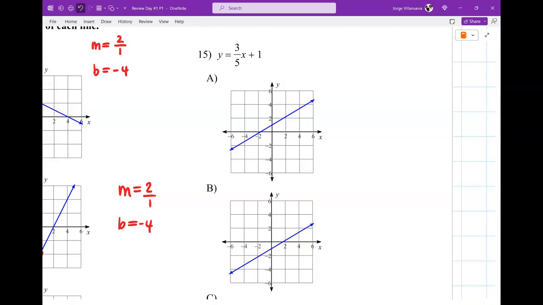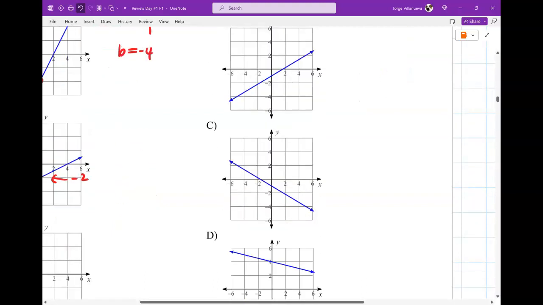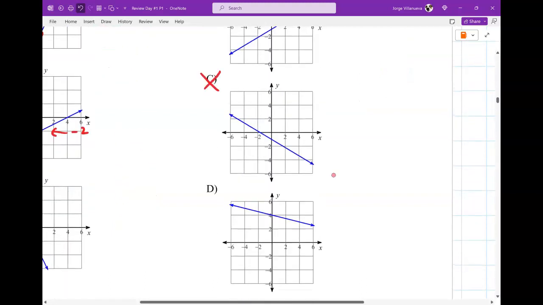All right, 3/5 x plus 1. So my slope, 3/5. My intercept, 1. So again, positive slope. So which ones are not possible answers? C and D, they're both going down, right? So can't be those.